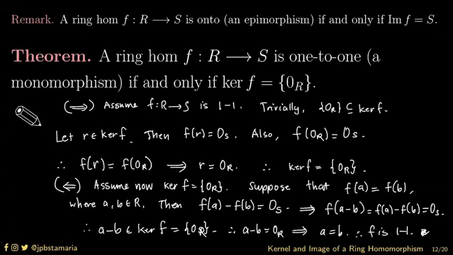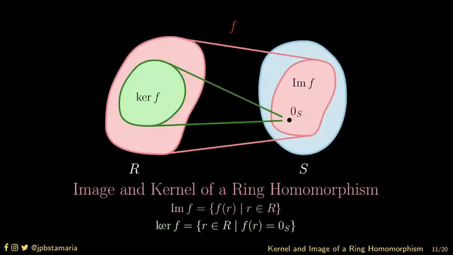And we were able to prove that if the range or the image tells us kailan epimorphism ang isang ring homomorphism or onto, yung kernel naman on the other hand will tell us when is it one-to-one or when is the ring homomorphism a monomorphism. No? For the onto-ness, kailangan yung image mo, just like in this picture, covers all of S para masabing onto.